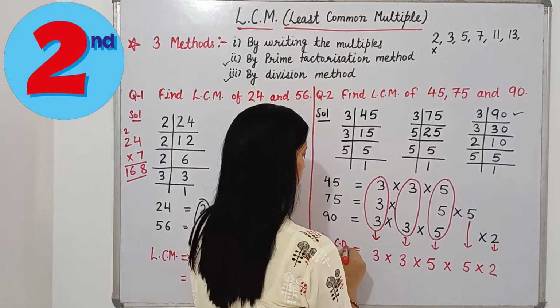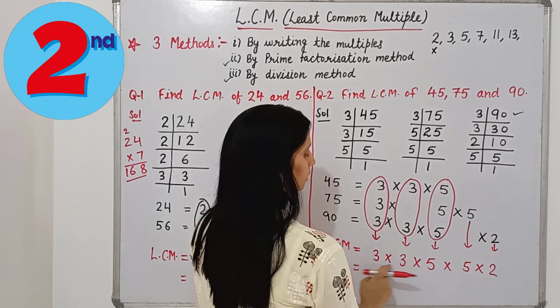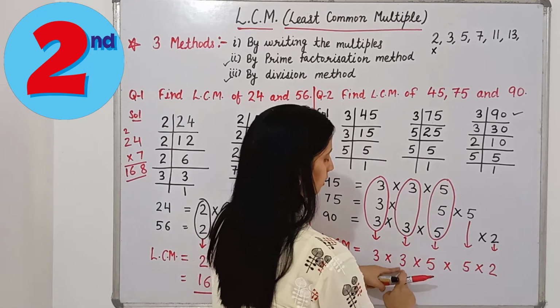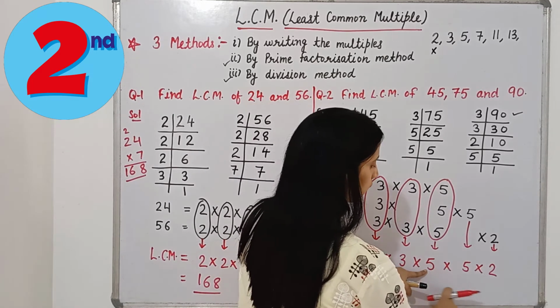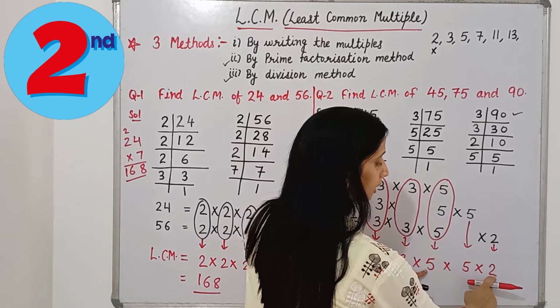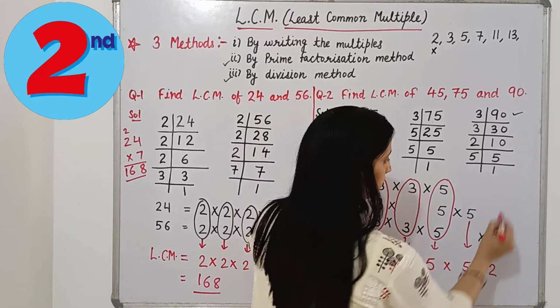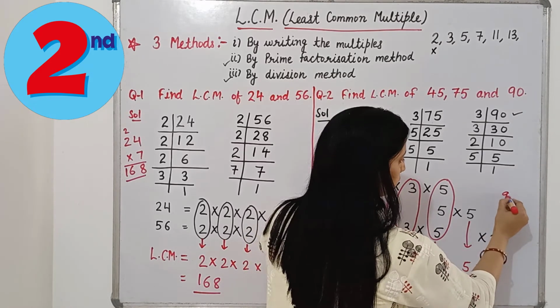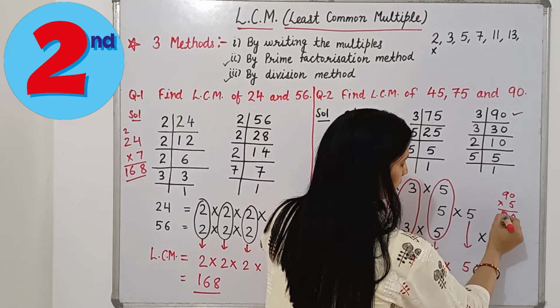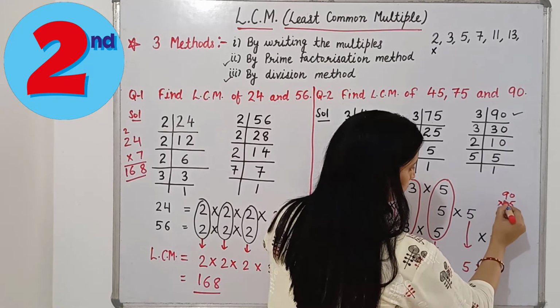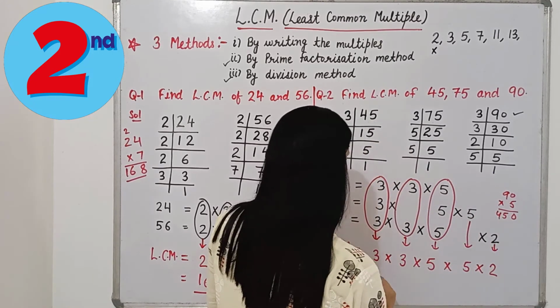So let's multiply these. 3 threes are 9. 9 fives are 45. 45 twos are 90. And 90 multiplied by 5, 5 nines are 45. So the answer will be 450.